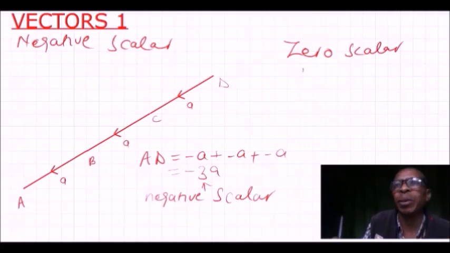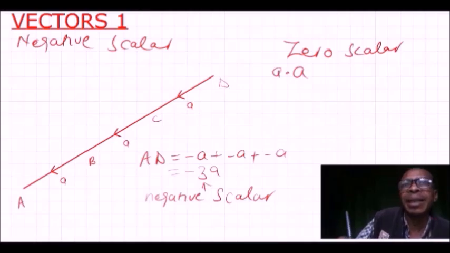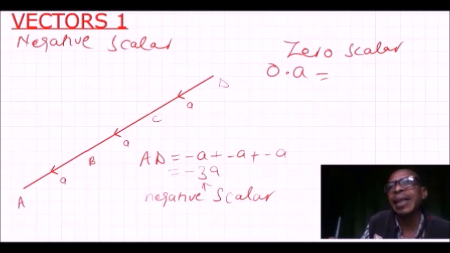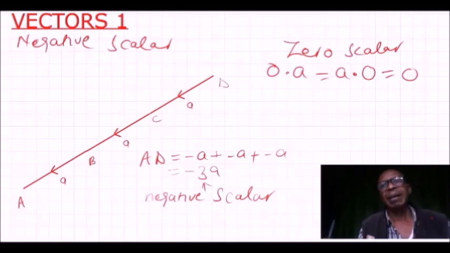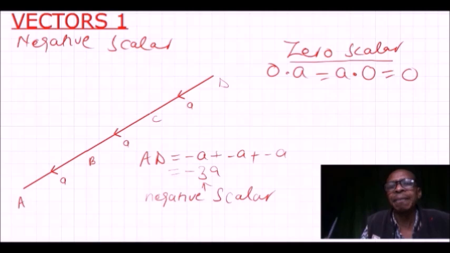So we have A multiplied by 0, which is the same as 0 multiplied by A, is equal to 0. So when you multiply a vector by 0, then that is when we have a zero scalar. Let's have an example.